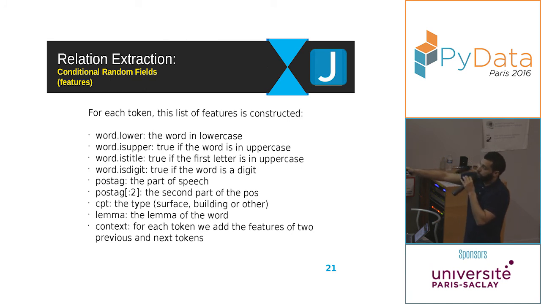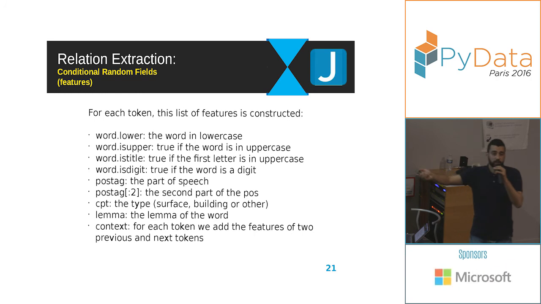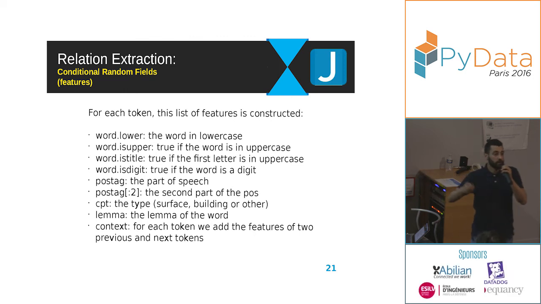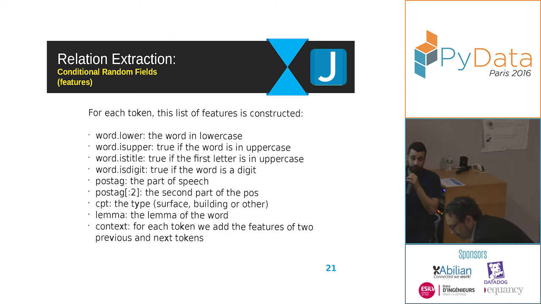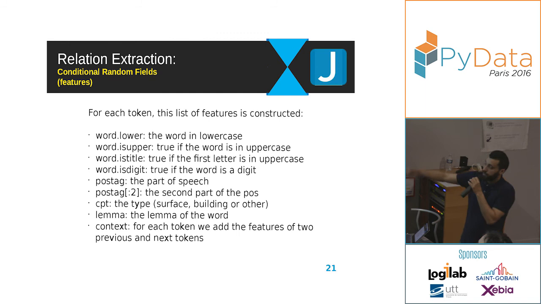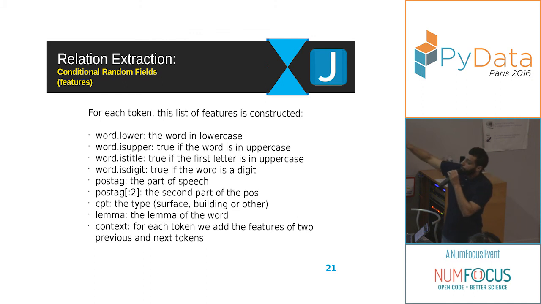The part of speech says whether the word is a verb or an adjective. The second part of the POS tag tells us, if we have a verb, whether it is in past or future time. CPT tells us if the word is a building or an area or something else. The lemma is like the stem. And we also added those features for the two previous tokens and the two next tokens of each token.